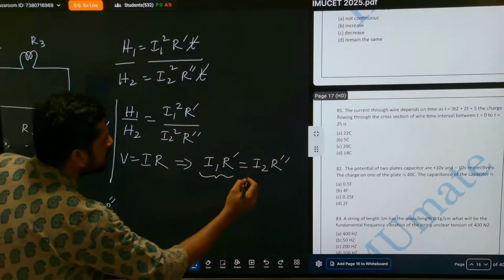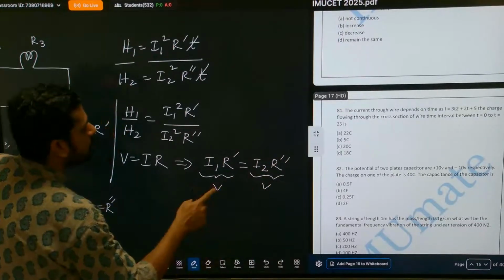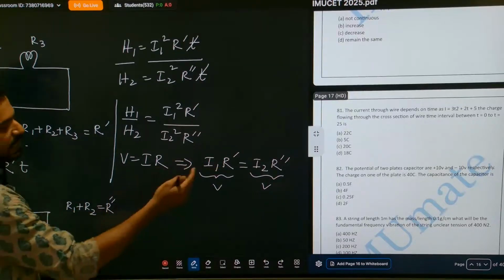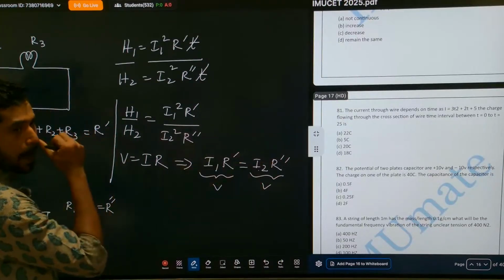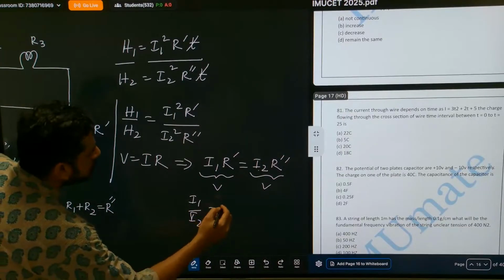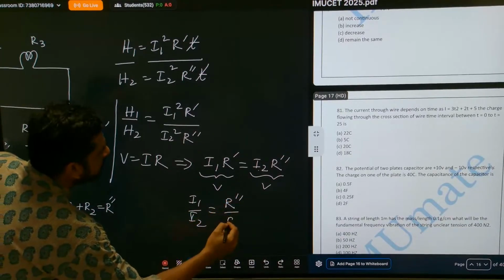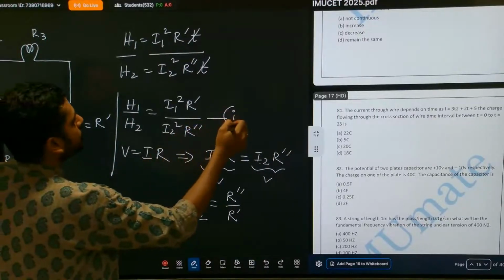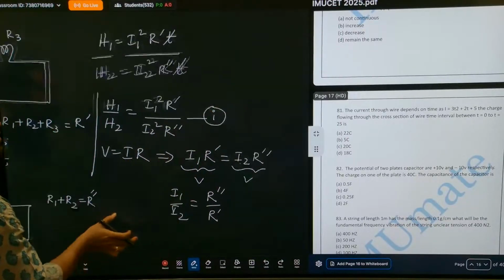This is V. V equals, in the initial case, I1 R dash. In the second case, I2 R double dash. So what is I1 by I2? R double dash by R dash. Now put this in this equation.